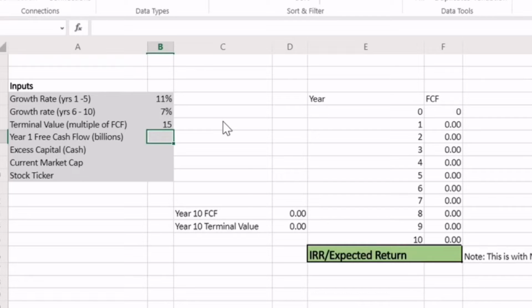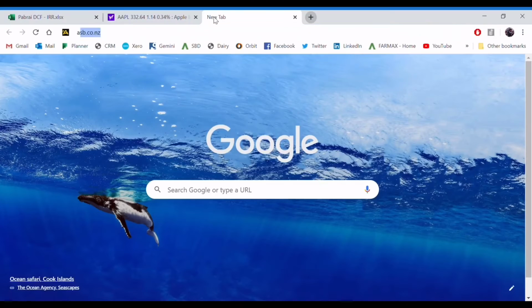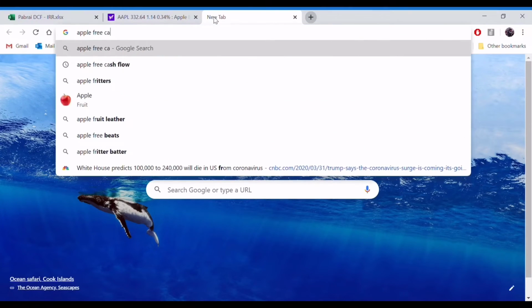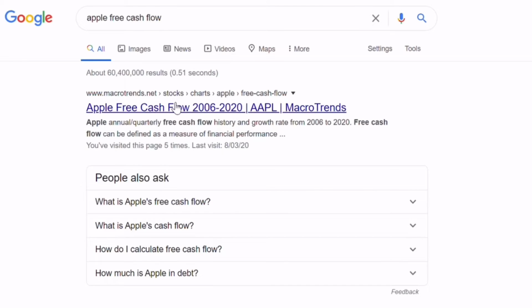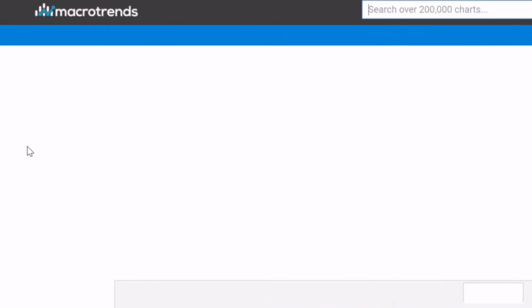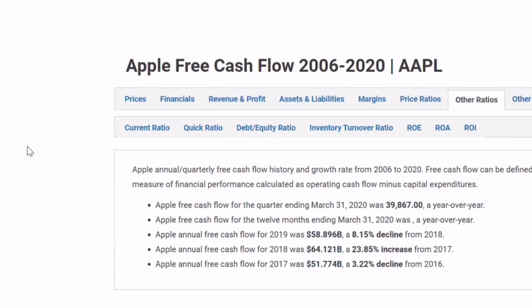And then I'm going to have to go in and find some actual starting numbers to run some calculations for Apple. So the year 1 free cash flow, to find that, I'm just going to Google Apple free cash flow, and Macro Trends is one of the sites that I like to go to find this stuff.